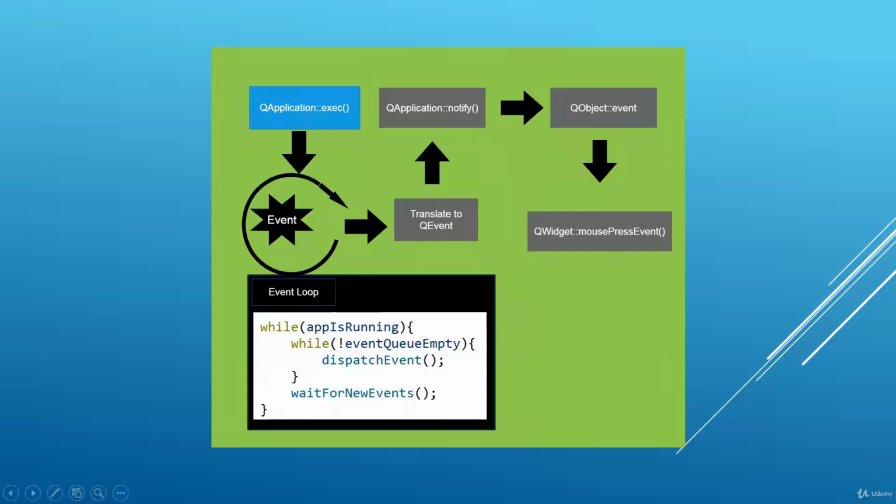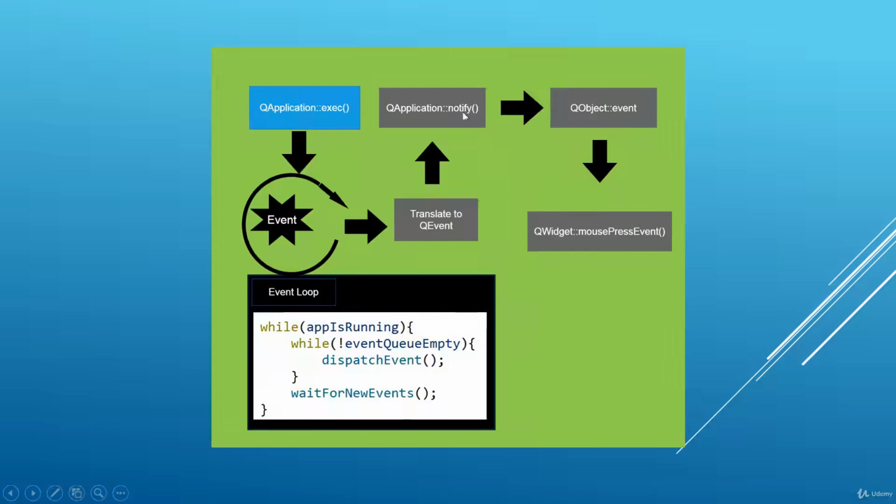We can even go one level up and re-implement QApplication notify and have access to events before any part of the Qt application has a chance to work on these events. So I hope by now you have a big picture of how things happen when you run the application, and we're going to move on and explore some of these methods.